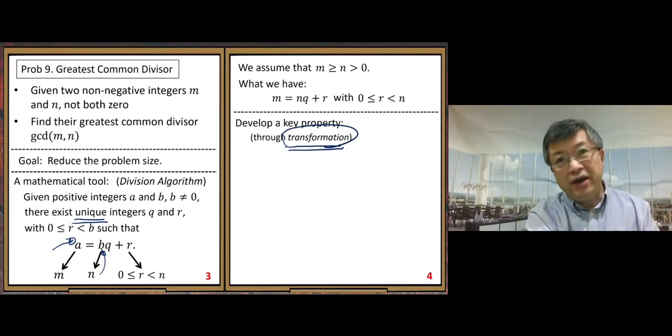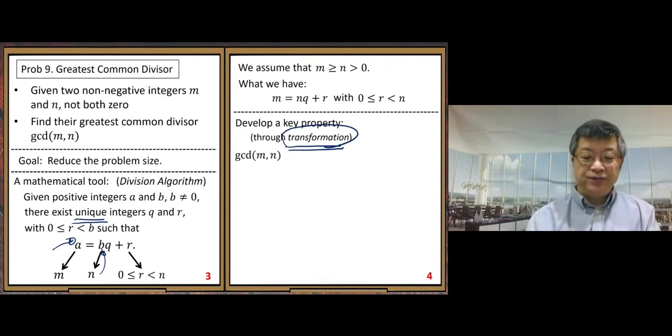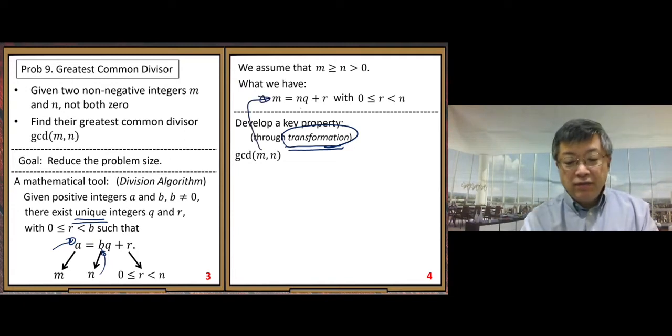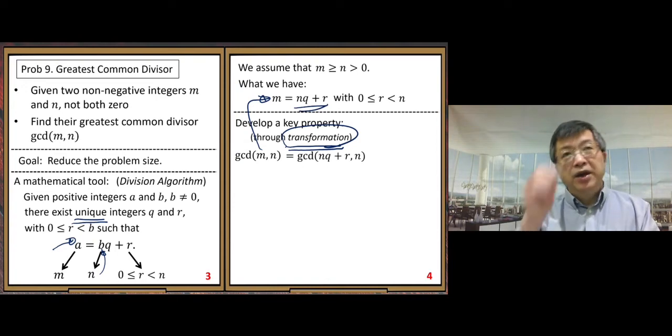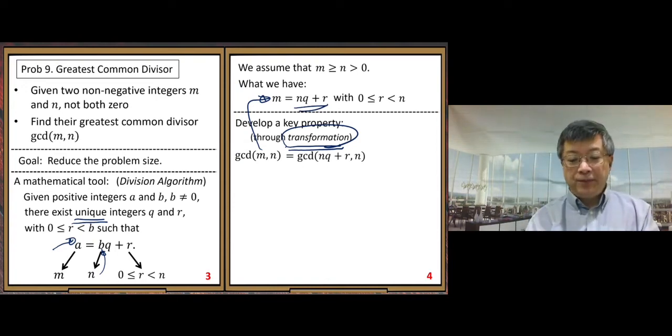Here, we need to do that another time. Okay. So what kind of transformation? Look at this. In GCD, the m has this new expression, so we replace m by qn plus r. We try to simplify this new expression.